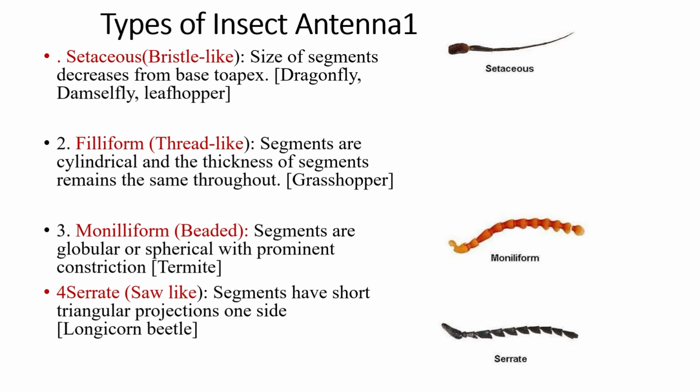And next is moniliform: beaded, the segments are globular and spherical with a prominent constriction. And number 4 is serrate. The serrate has a short triangular projection on one side. For example, longhorn beetle.